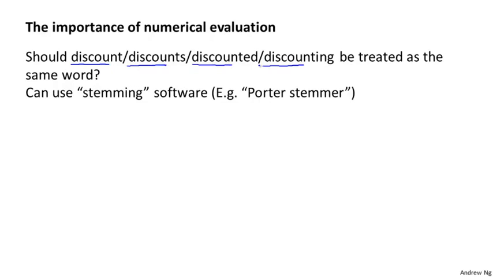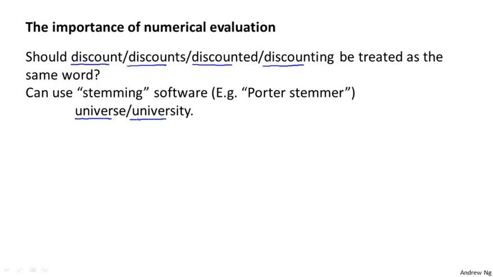But using stemming software that basically looks at the first few letters of a word, more or less, can help but it can hurt. And it can hurt because, for example, the software may mistake the words universe and university as being the same thing, because these two words start off with the same letters.